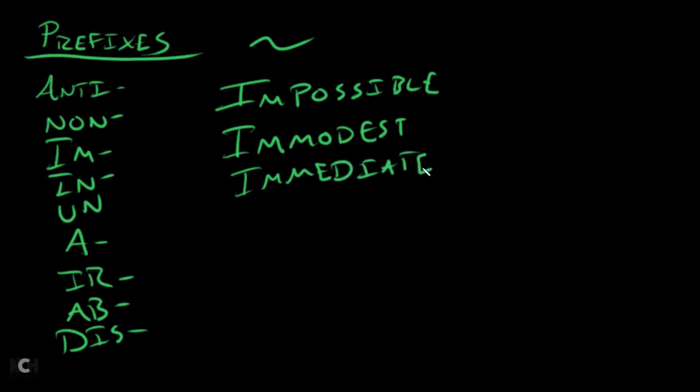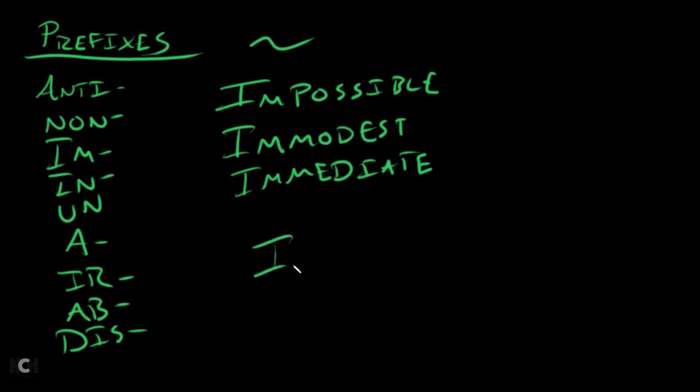I could say something is immediate. This one is a little less straightforward. If it's immediate, something happens immediately, there is no medium. There's nothing that happens in between. That's what a medium would be. But sometimes im on the front of a word does not mean not. So all these here, the prefix means not, and I can think of several others. There are lots of these in English.